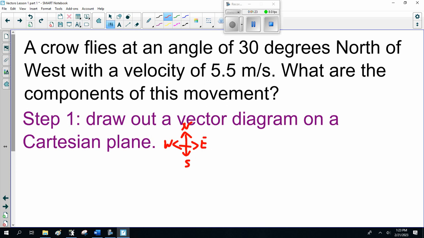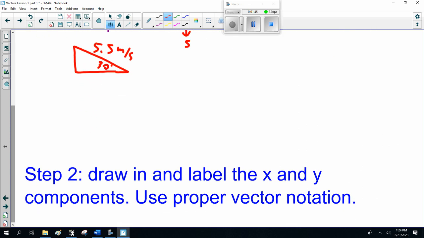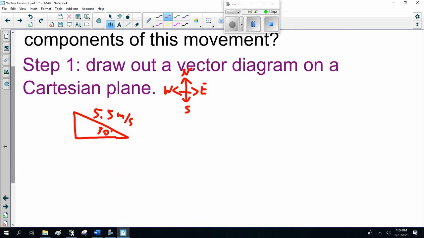So it goes west, and then it swings north to make an angle of 30 degrees. And the resultant is 5.5 meters a second. So, step 2, draw and label the x and y components. Use proper vector notation. So this would be the y and this is the x.